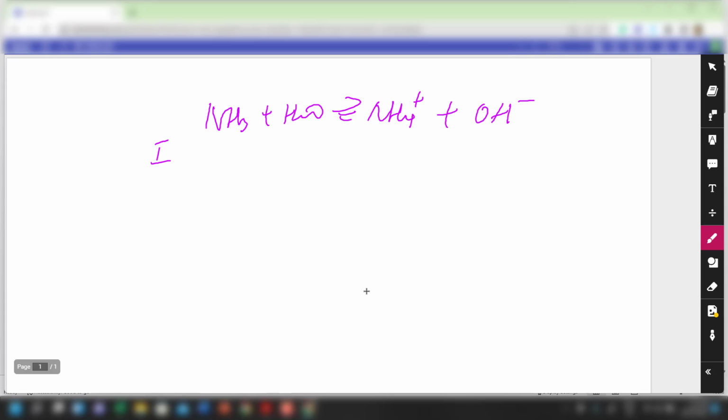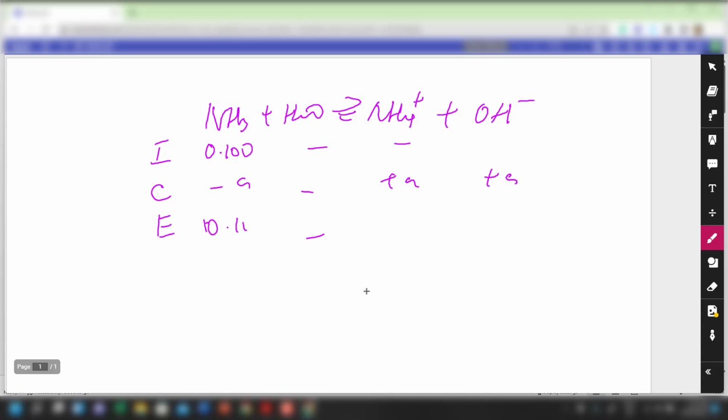If we have an ICE table, we know that the concentration of ammonia at the beginning is 0.100, and we assume that a amount ionizes. So the equilibrium concentration of aqueous ammonia will then be 0.100 minus a, and the equilibrium concentrations of ammonium and hydroxide will be a each, and therefore Kb will be a squared over 0.100 minus a.